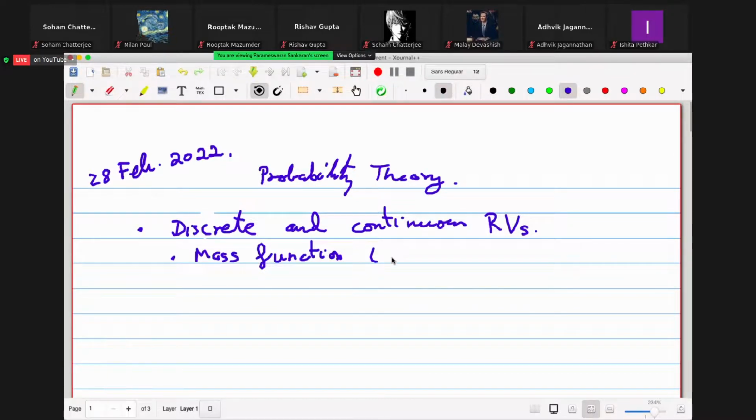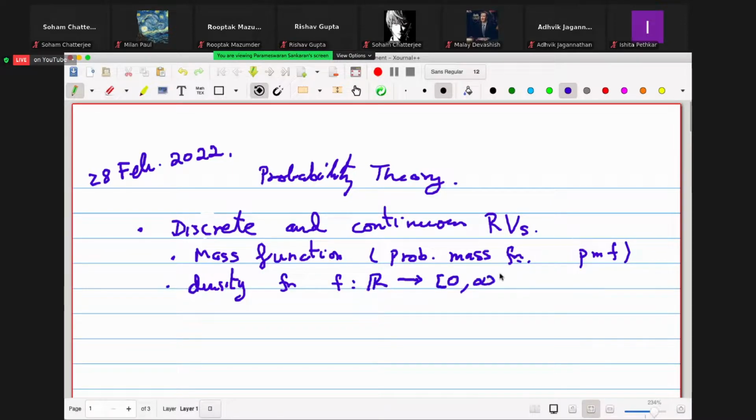Some people write probability mass function and even abbreviate it to PMF, and also the notion of density function, f, from real numbers to 0 to infinity.